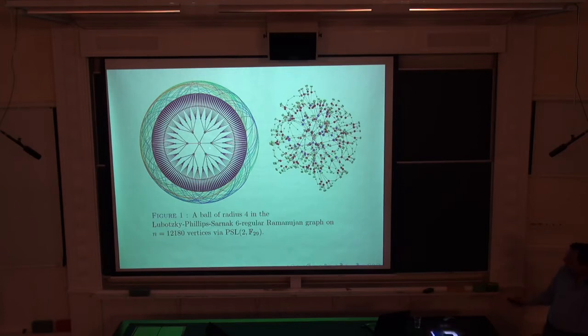The important thing is these graphs tend to have pretty high girth, so locally they look like a tree. Around this vertex you see locally a tree structure. Of course, this tree structure can't persist forever, and we'll be interested in understanding the structure over here. It will be less successful to view a small part of the graph.